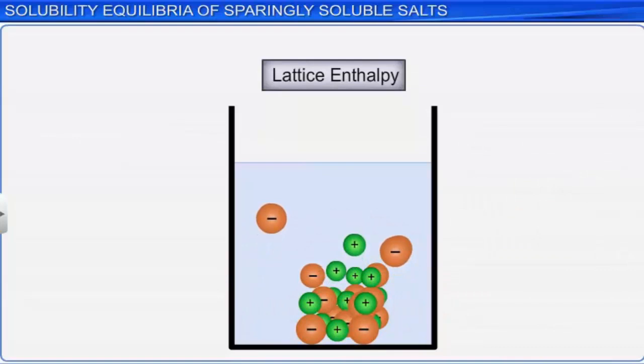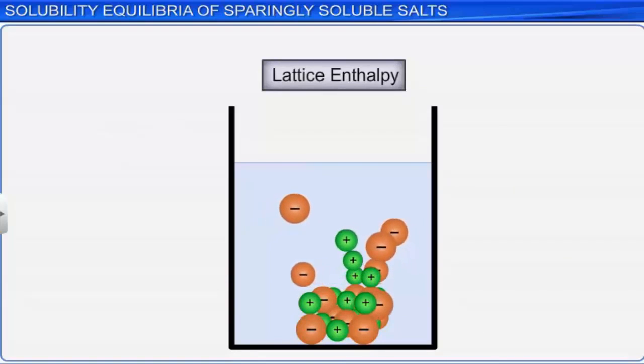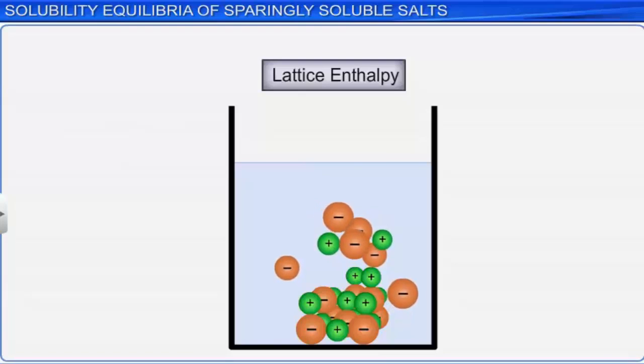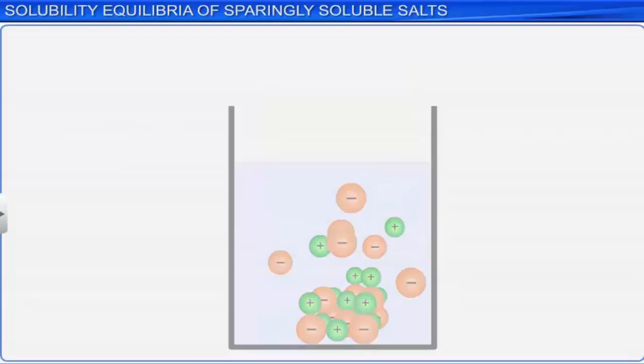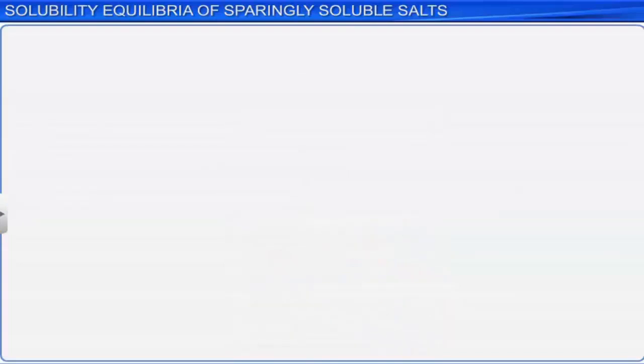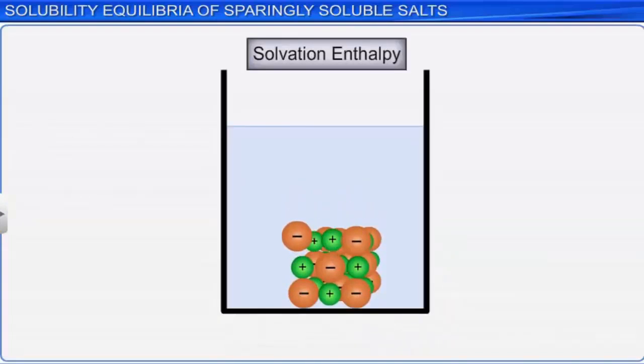Let us once again recap the definition of lattice enthalpy that we have already learned. The lattice enthalpy of an ionic solid is defined as the energy required to completely separate 1 mole of a solid ionic compound into its constituent ions. When such an ionic solid is dissolved in a solvent, certain amount of energy is released.